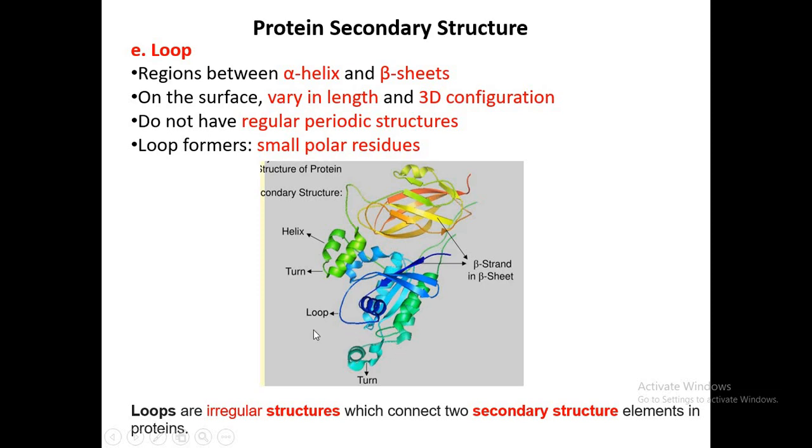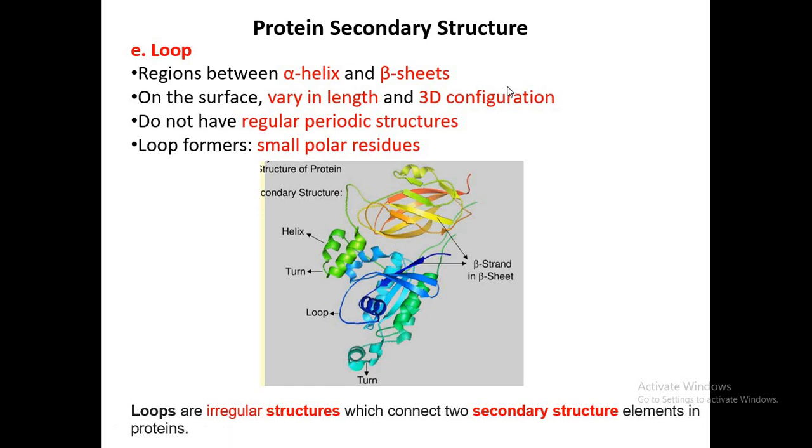So the structure present in the middle of two regular secondary structures of a protein is a loop that is irregular in nature.